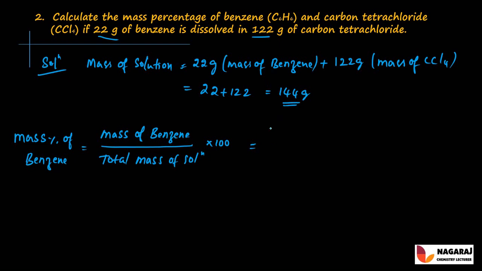So the mass of benzene is 22 grams divided by the total mass of the solution, 144 grams, into 100. So on simplification, it gives 15.28%. So this is the mass percent of benzene.